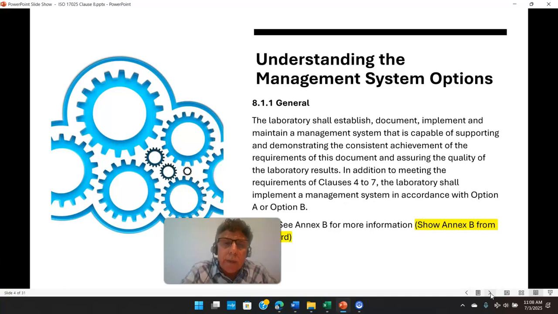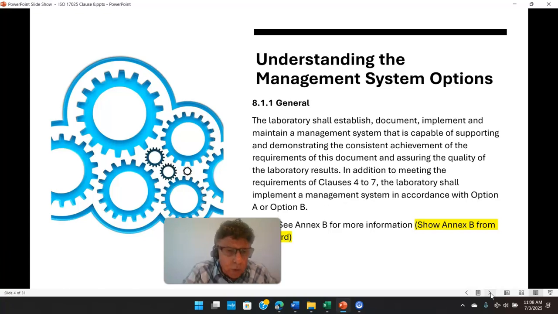In addition to meeting the clause requirements of clauses 4 to 7, the laboratory shall implement a management system in accordance with either option A or option B. And then it also points to Annex B of the standard, which goes into detail on that, which we will look at. But first, I want to explain what option A and option B actually mean.